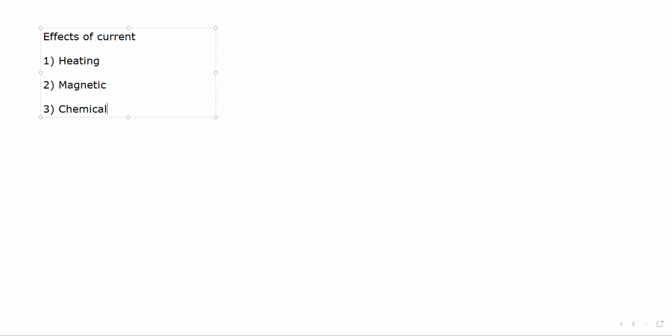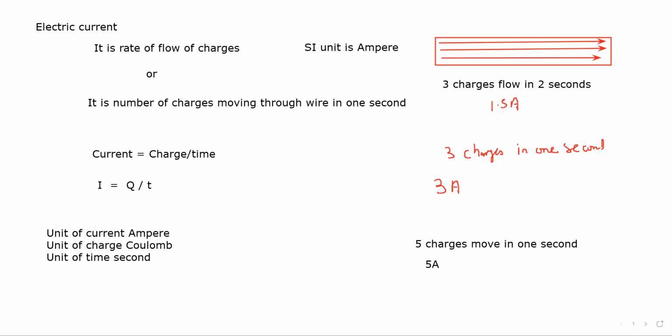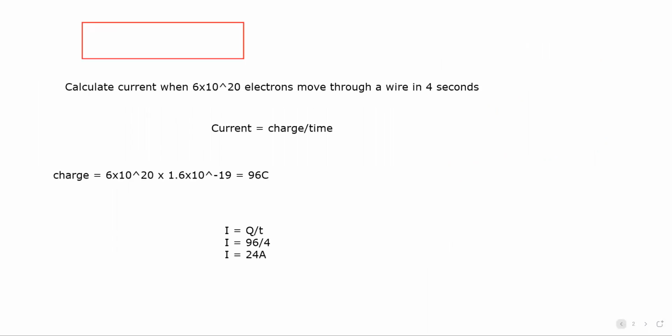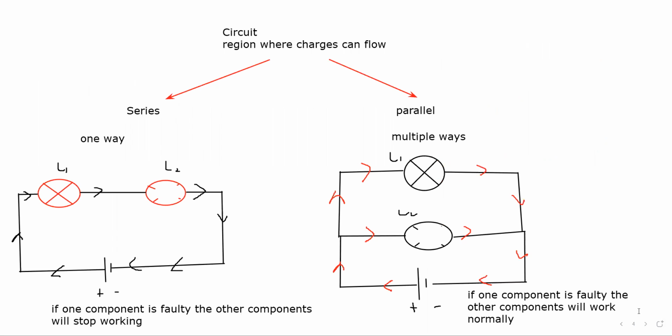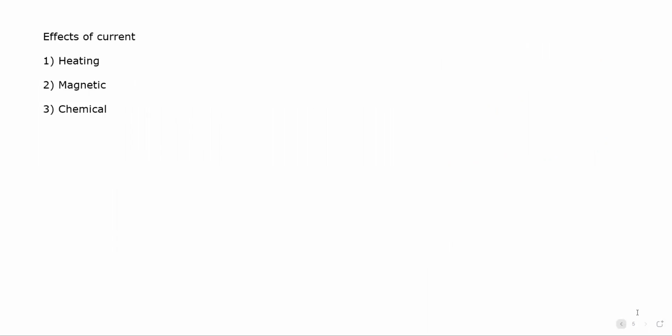So these are the three main effects of the current: current can produce heat, current can produce a magnetic field, and current can produce chemical changes when passing through a substance. Basically, the current is the rate of flow of charges. Conventional current is from positive to negative, and electron flow is from negative to positive. I will continue this explanation about the current next class.